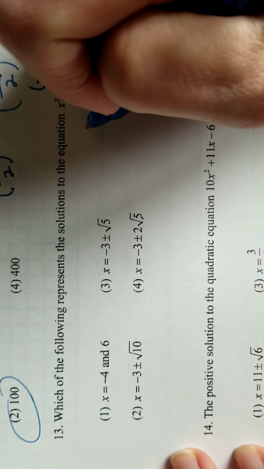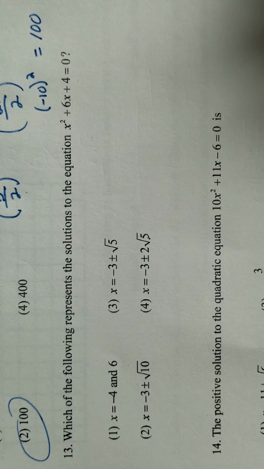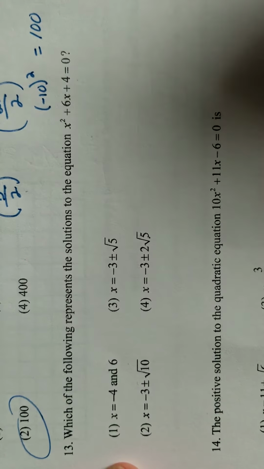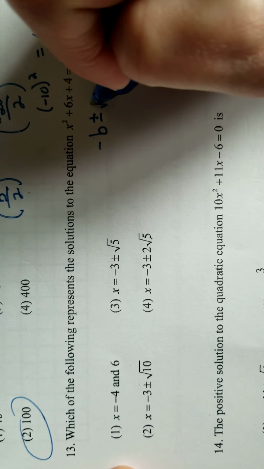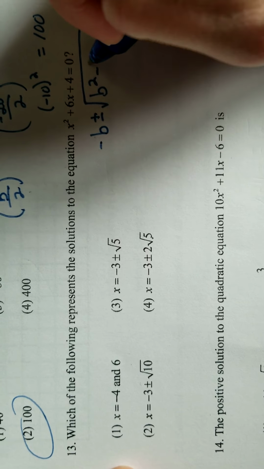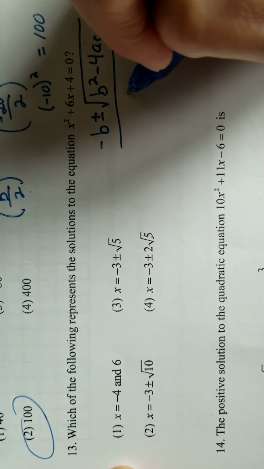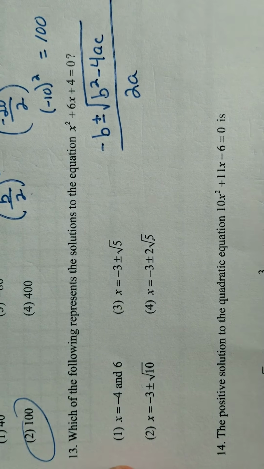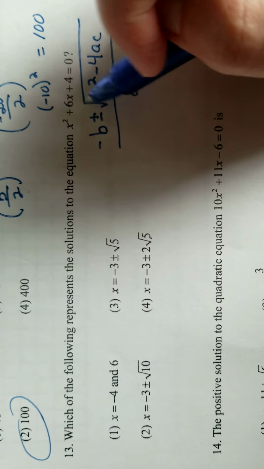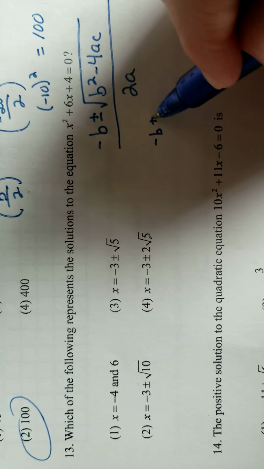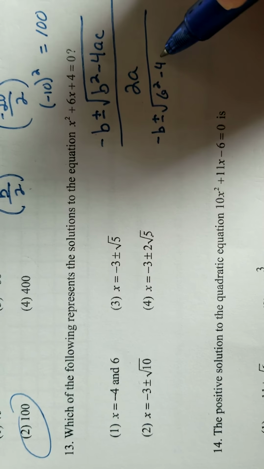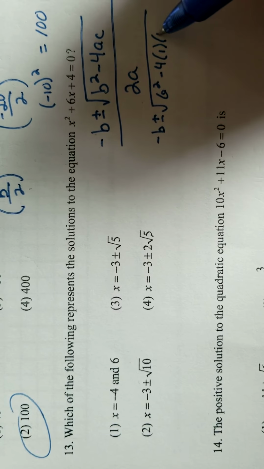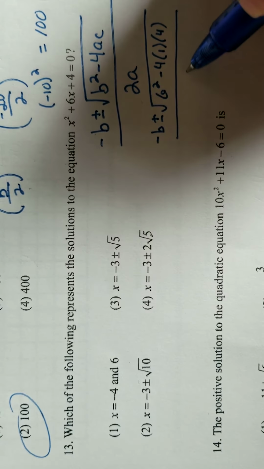The quadratic formula, remember, negative b plus or minus the square root of b squared minus 4ac all over 2a. So I've got my negative 6 plus or minus the square root of 6 squared minus 4a, which is 1, and c, all over 2a, which is 1 again.